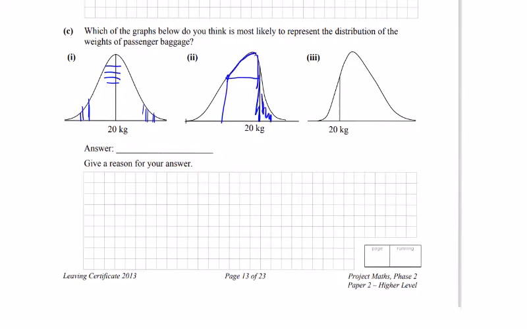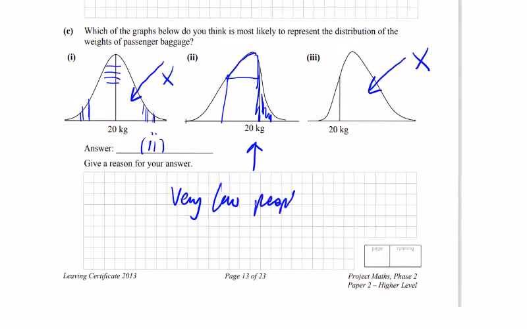Very few with more than 20. This is everybody with more than 20, so no. Do you think this amount of people would not go to their max baggage? I don't think so. So we're going to go for number 2 here. Number 2, very few people over 20 kg.